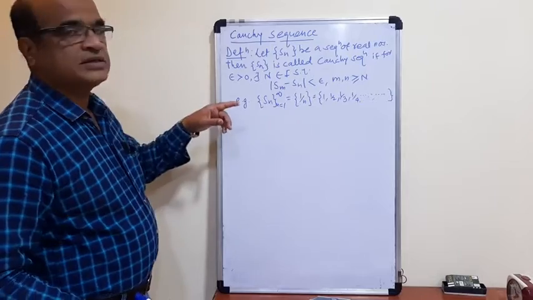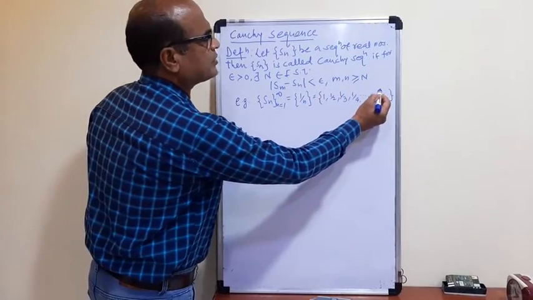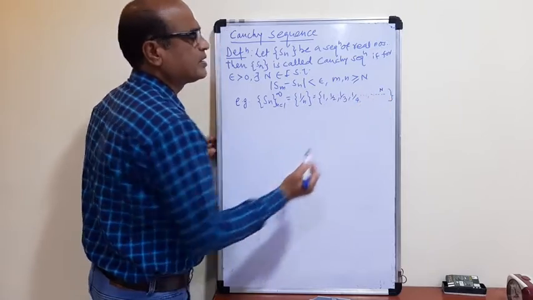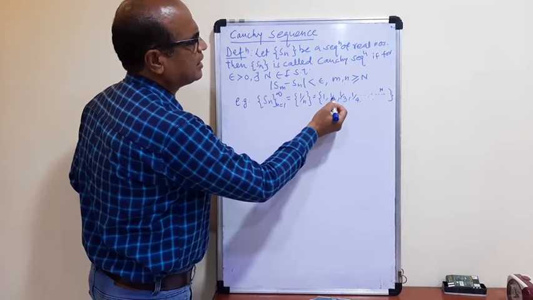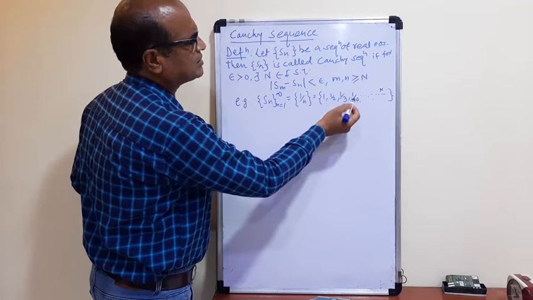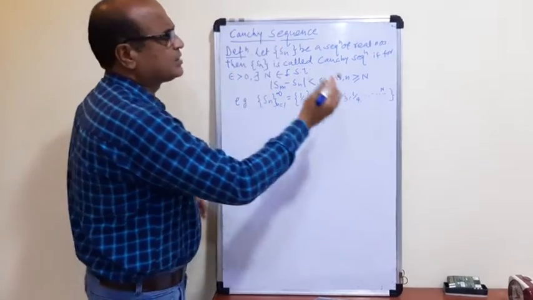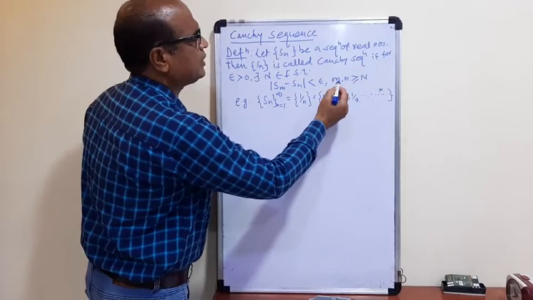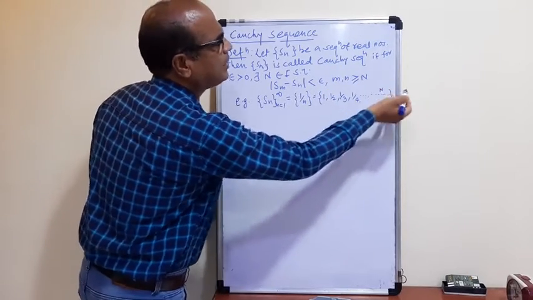So is it a Cauchy sequence? Yes, this sequence is a Cauchy sequence. Why? Because n is so large. We have 1 half, 1/3, and so on; each term is less than the previous one, and so on up to infinity. So we take m, n after n.